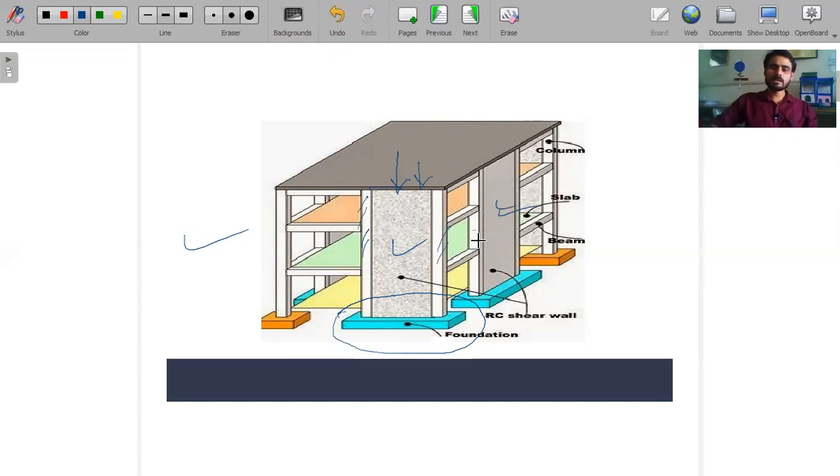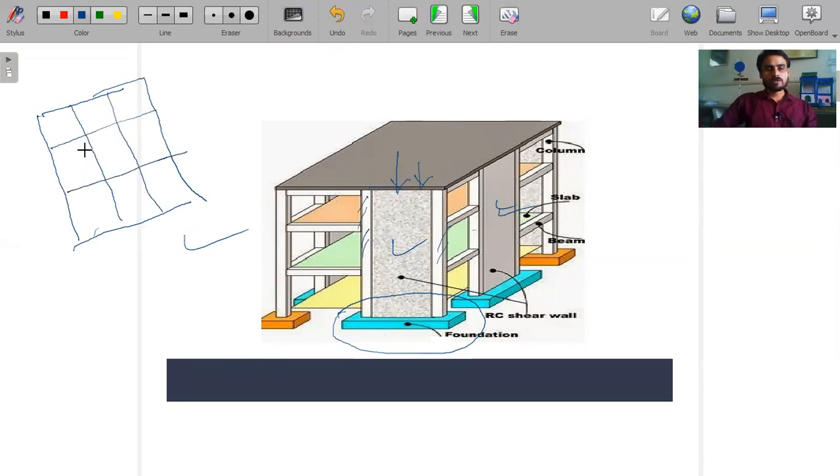And here is again a shear wall. The exact location of the shear wall is decided by the designer. The designer will recommend the position of shear walls. Here we have a plan of a multi-story building, for example.